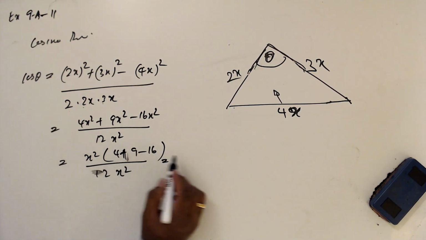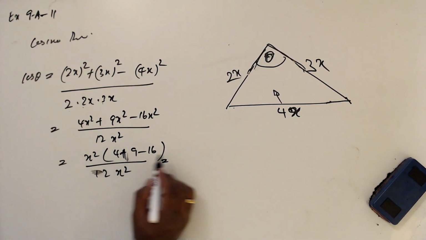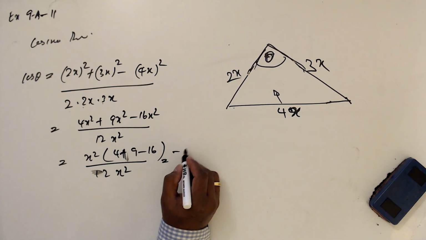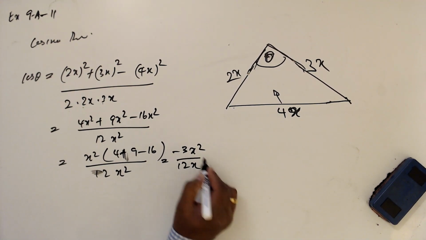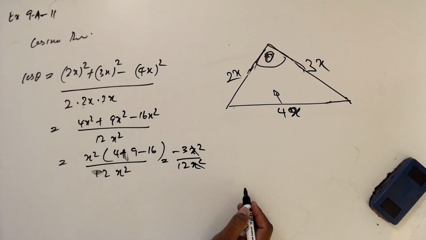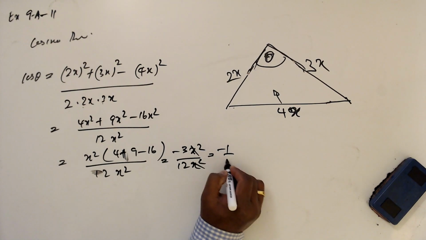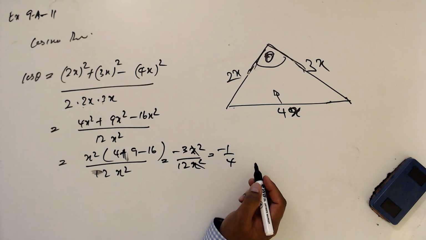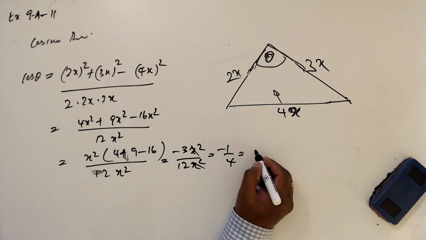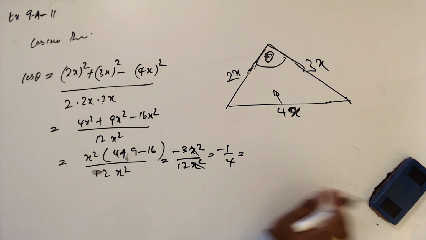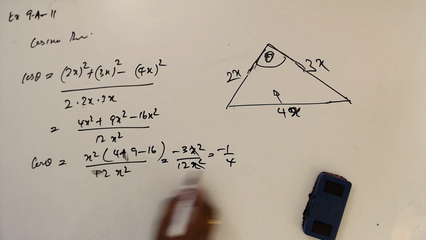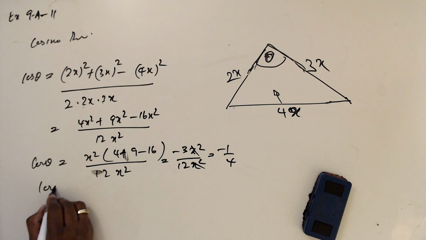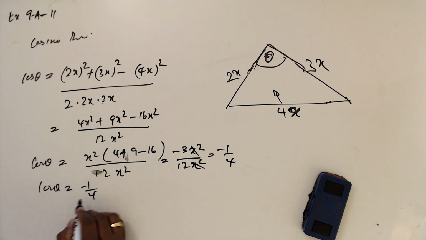So this is minus 3x square over 12x square. The x square cancels out. Then this is minus 1 over 4. So cos theta equals minus 1 over 4.